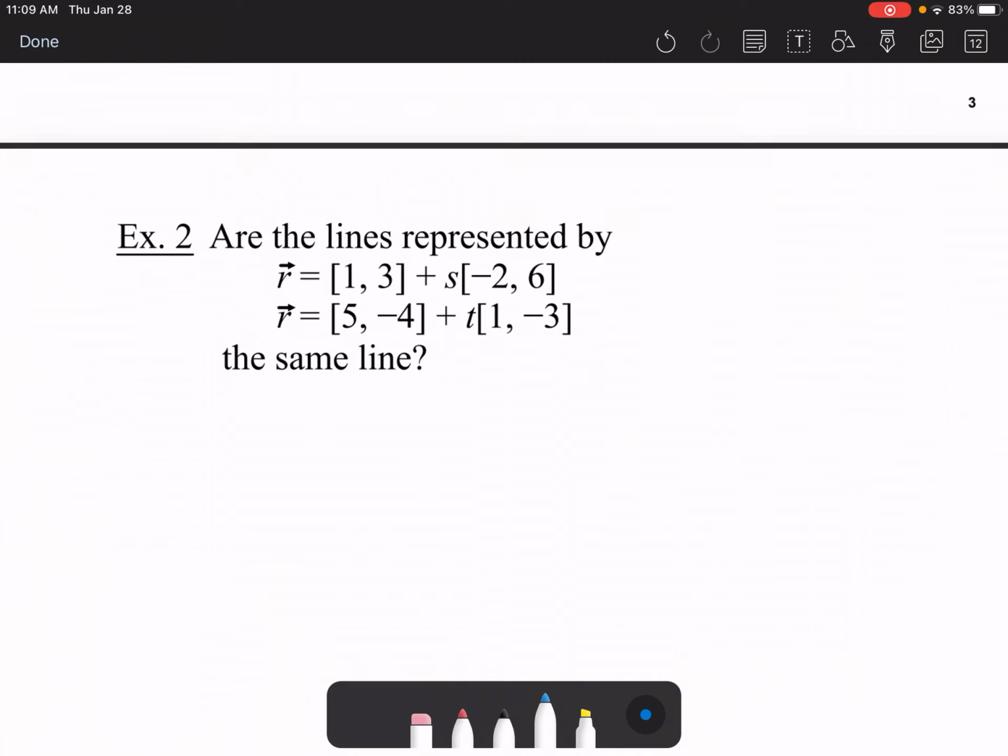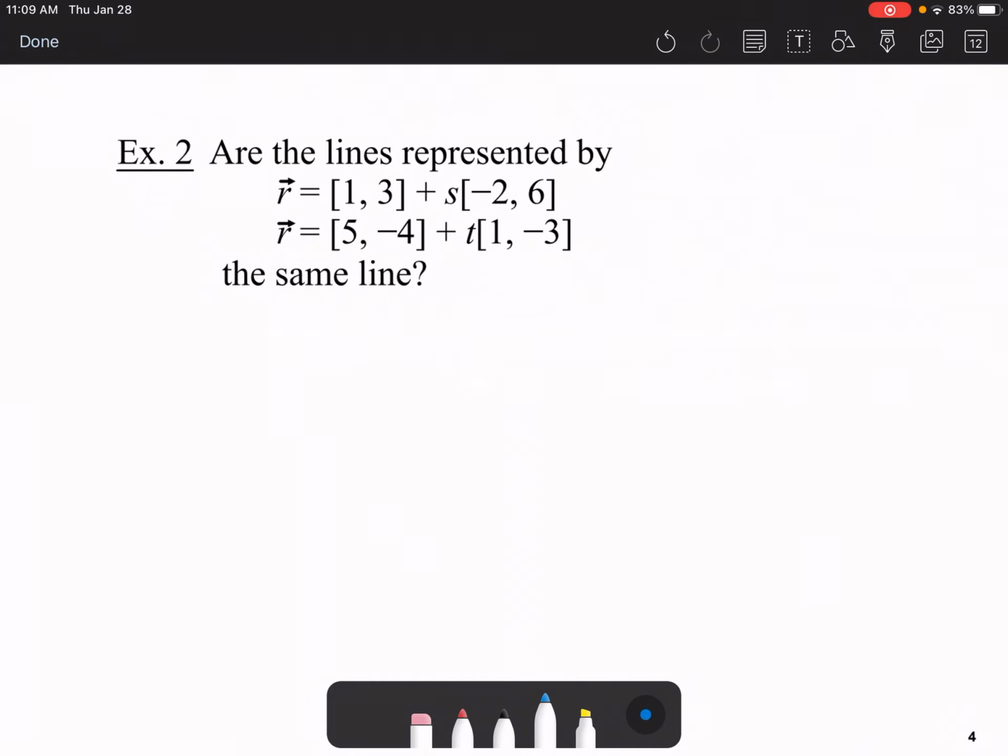Okay, so let's take a look at another problem here, maybe an application of these kinds of things. So here we have two lines, and because we can find different vector or parametric equations of lines, I want to see if these two lines are the same.